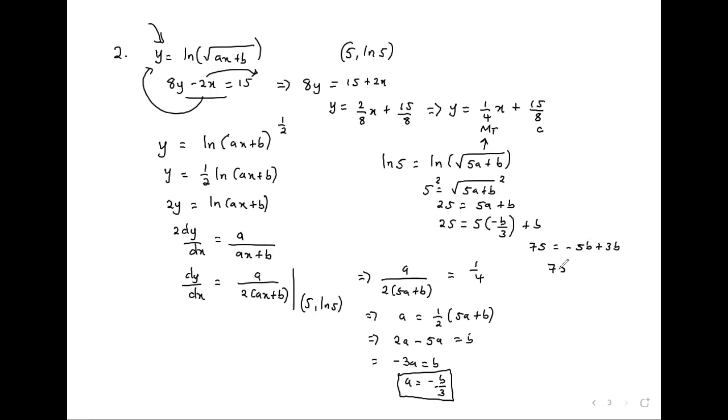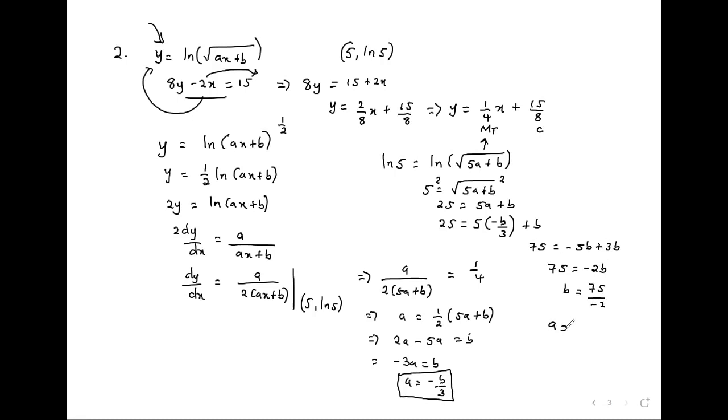So that's 75 is equal to negative 2b. So that b is negative 37.5, which I'll write as a fraction, 75 over negative 2.